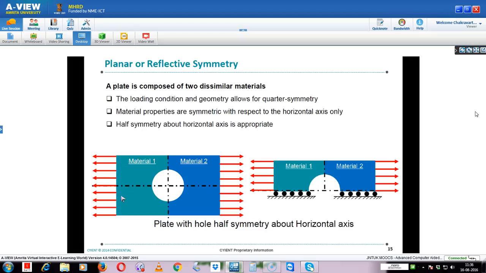So it doesn't satisfy. Then we need to take half of this model, maybe at this location. When you reflect 180 degrees about this line, it perfectly simulates the same complete problem. So this is how we take half of this model, and this line is restrained along the vertical direction. These are the conditions we need to give for this model.